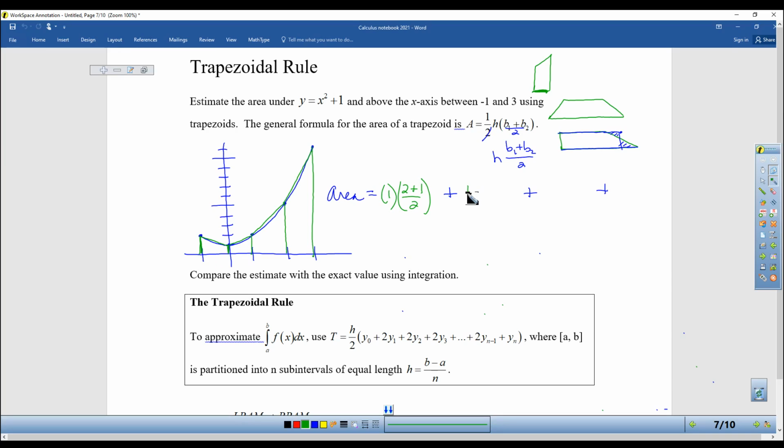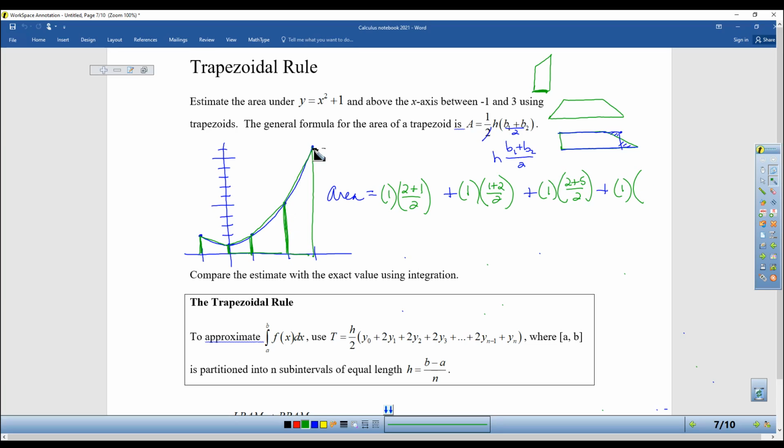And then our next one also has a height of 1. They're all going to have a height of 1. This is the height each time. You have to kind of turn sideways to see that. And then this one, base 1 plus base 2, is 1 plus 2. And we're going to average those. And this one is 2 plus 5. And again, we're averaging those bases.